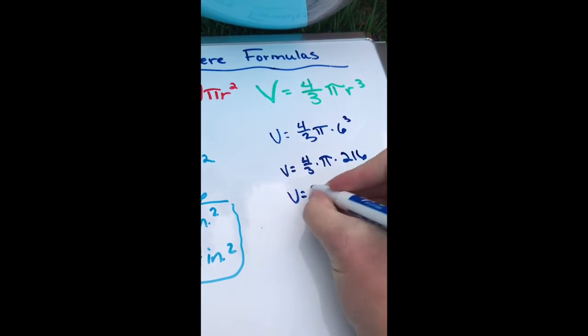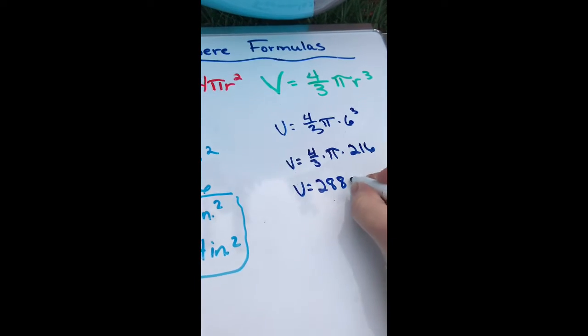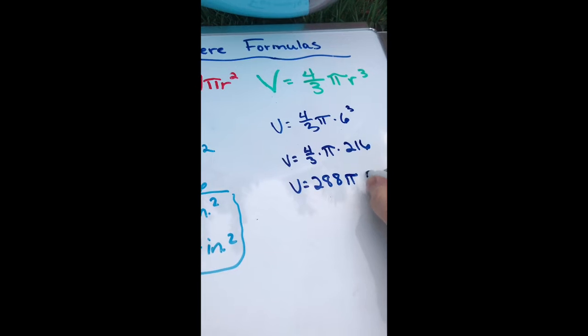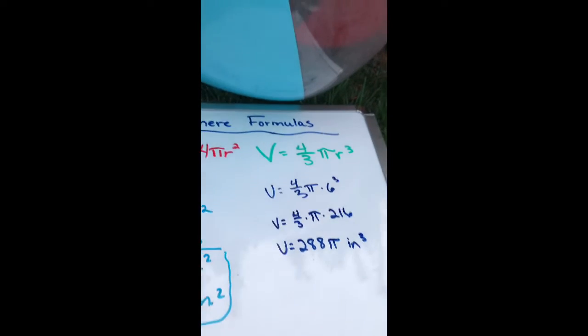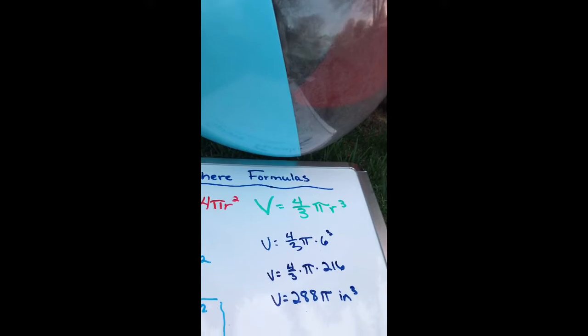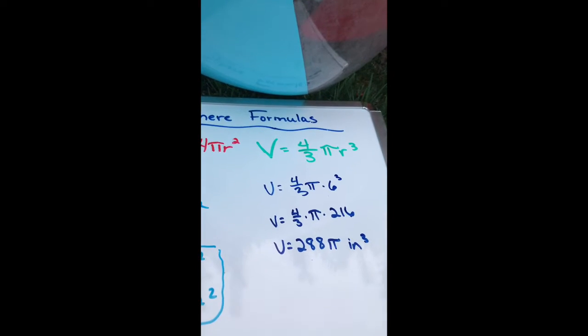Okay, so the volume is equal to 288 pi, and then it would be inches cubed, because remember, the volume is 3-dimensional, so you can think you're going to put a 3 there for 3-dimensional.